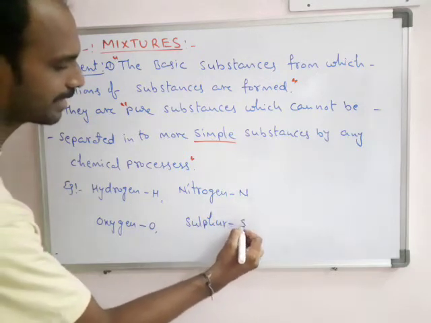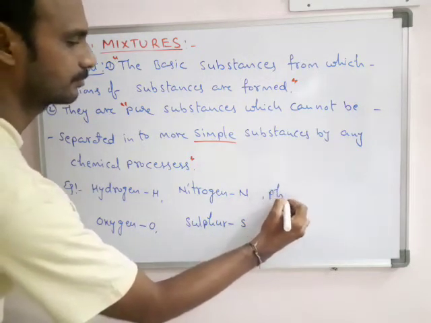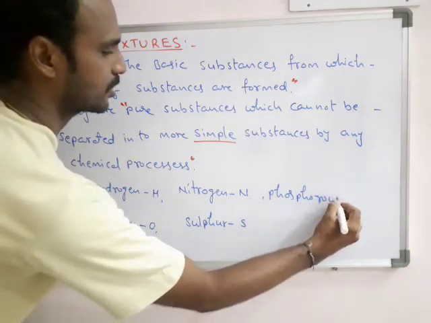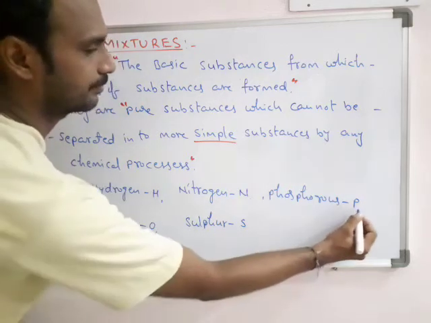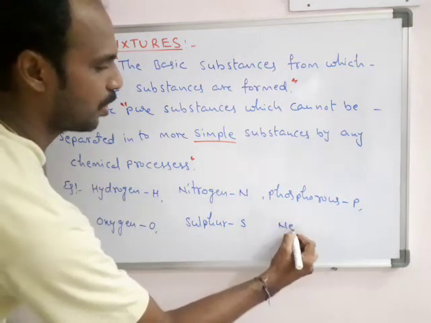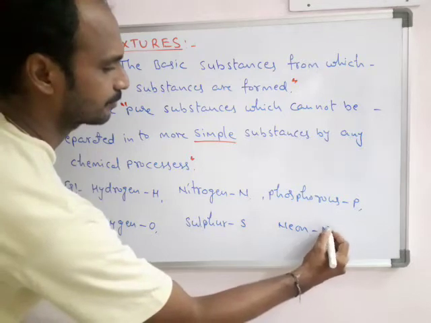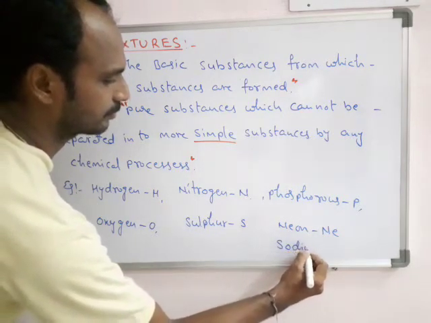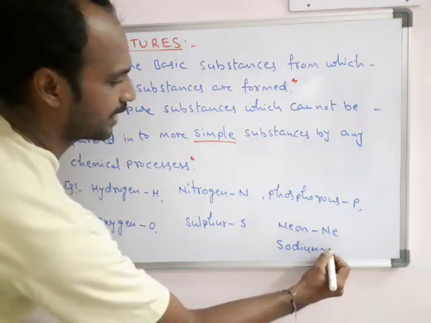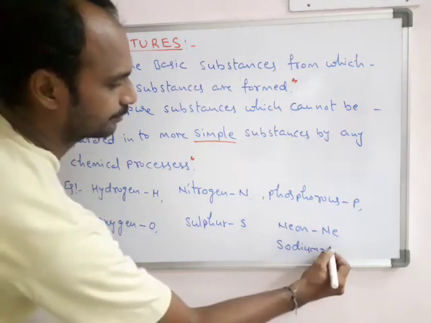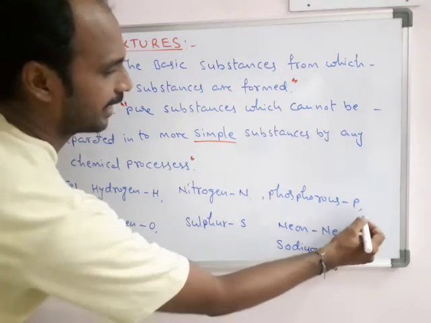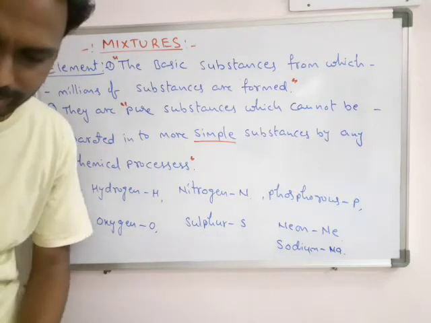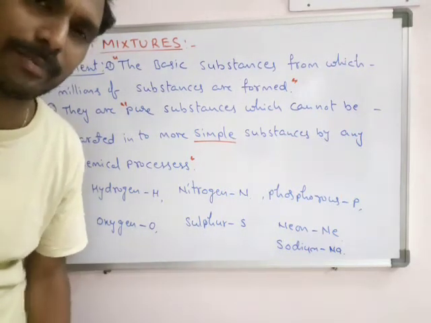Sulfur, that is S. Phosphorus, P. Next neon, Ne. Sodium, Na. So like this many are there. Afterwards we will discuss this, because there is a separate topic for elements.